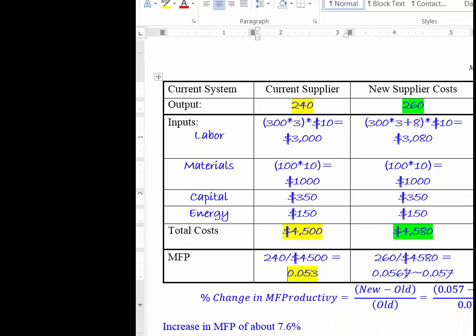So rounding it to 3 decimal places will give us 0.057, because the 7 rounds this 6 to a 7. So I'm going to make this one green, and you can see our multi-factor productivity for the current supplier is 0.053.